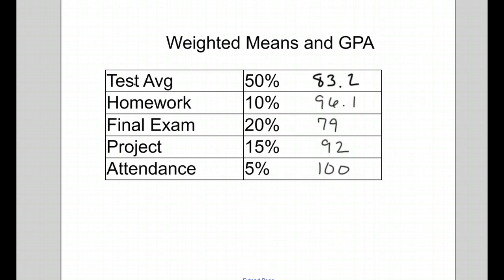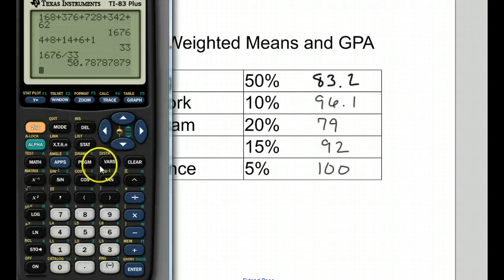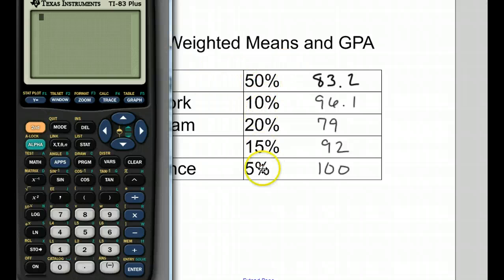Alright, if I want to compute the grade here, what I do is I take these weights as decimals and then multiply them by the actual value that you got for that grade. So 0.5 times 83.2 plus 0.1 times 96.1.